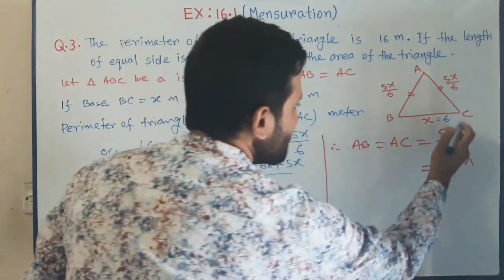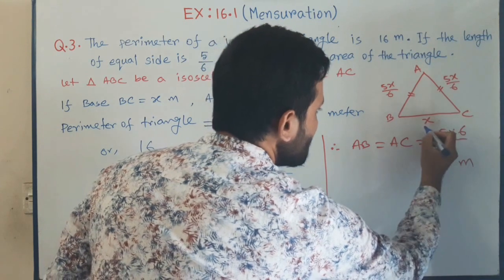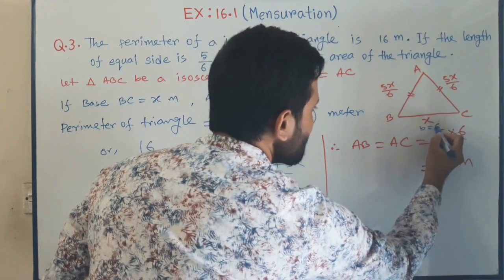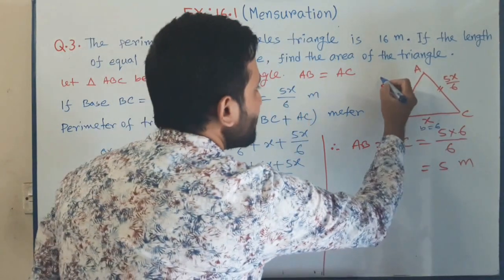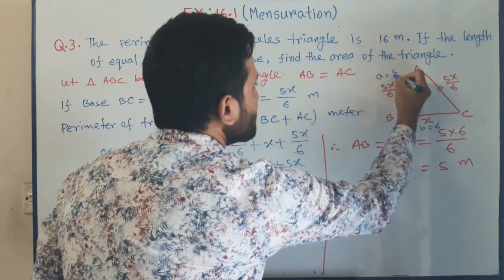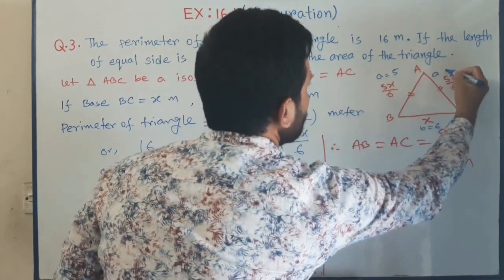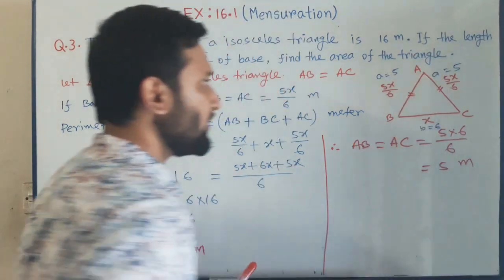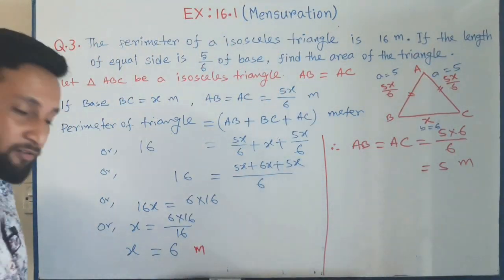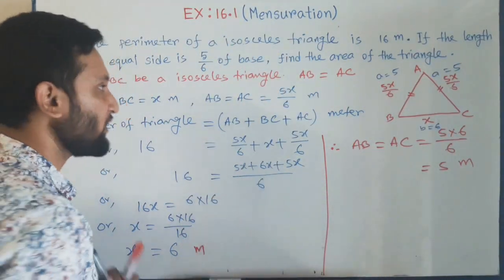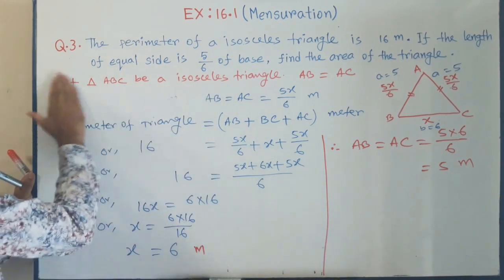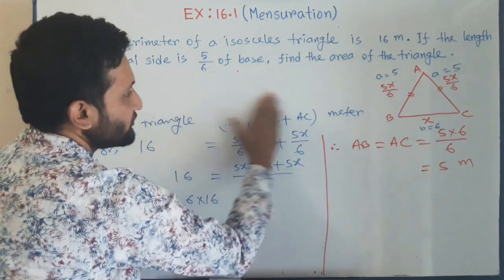We know in an isosceles triangle, the base b equals 6 meter, and the equal side a equals 5 meter. Now by using the formula for the area of an isosceles triangle, follow the process for finding the area of the isosceles triangle.